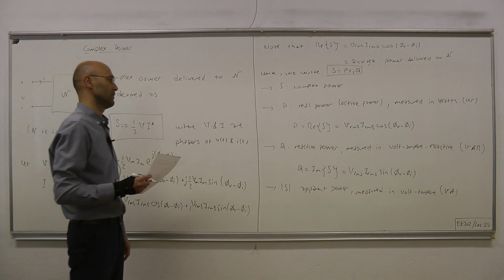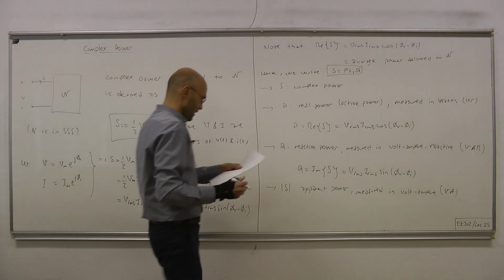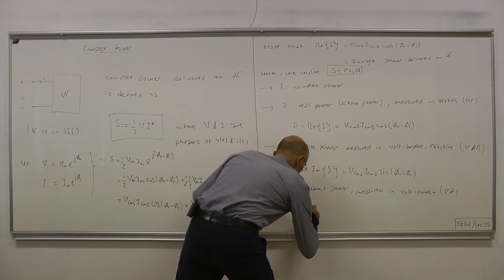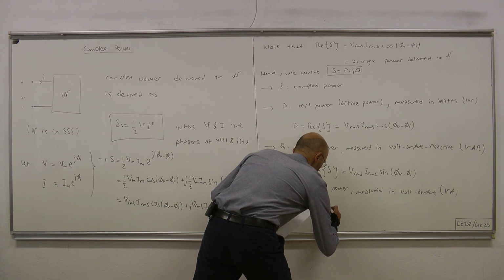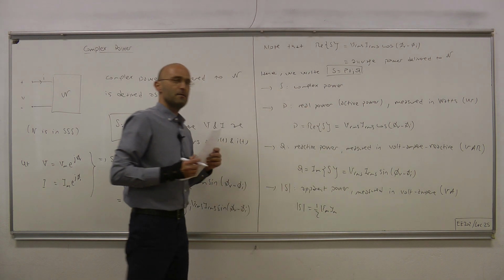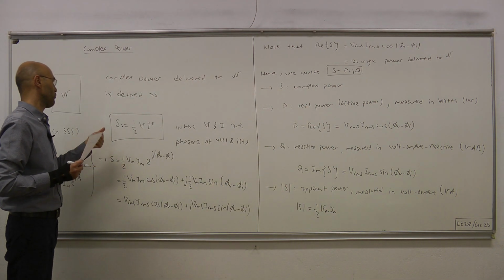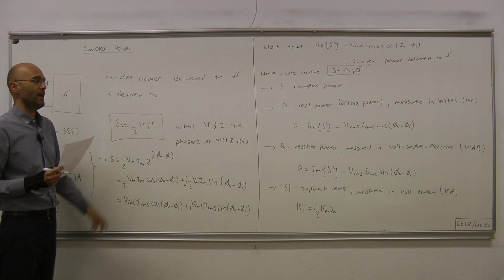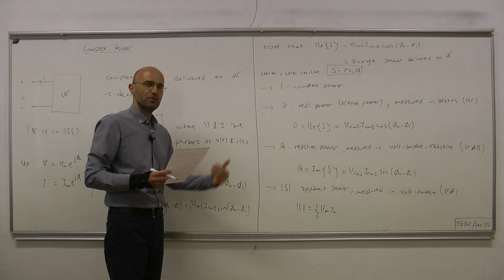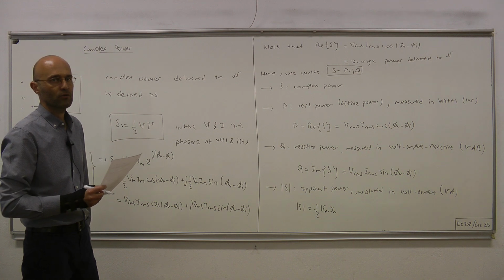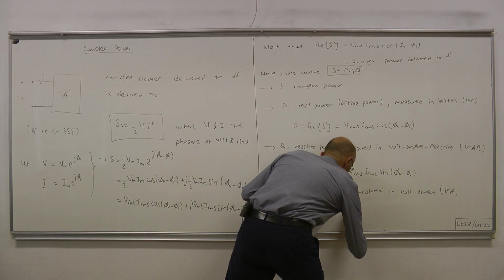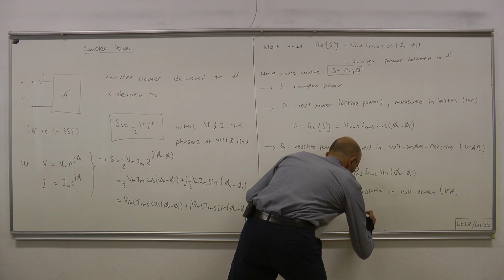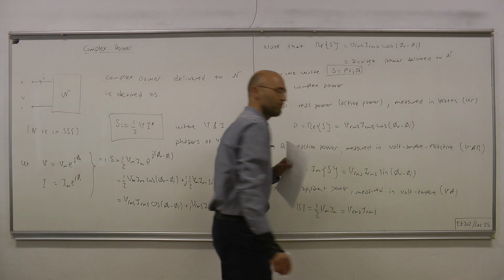And S, the apparent power, is 1/2 Vm Im, the product of magnitudes of voltage and current divided by 2, or simply the product of the effective values of voltage and current, V RMS, I RMS.